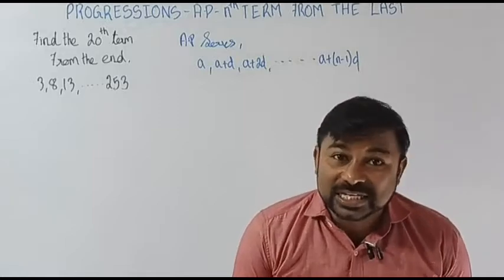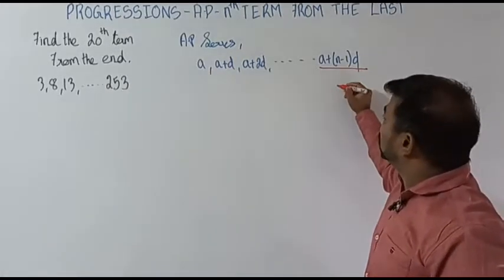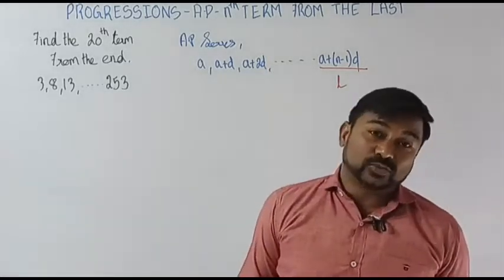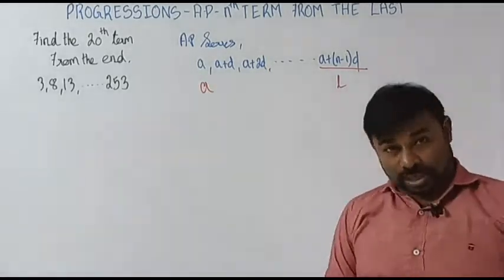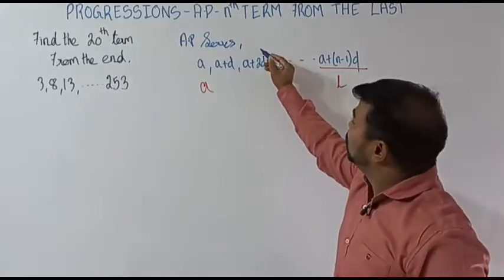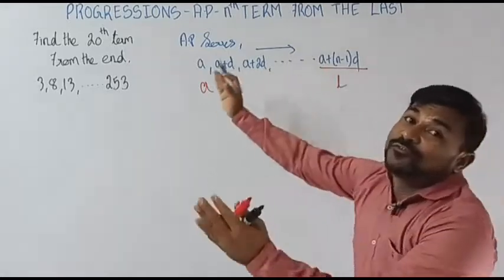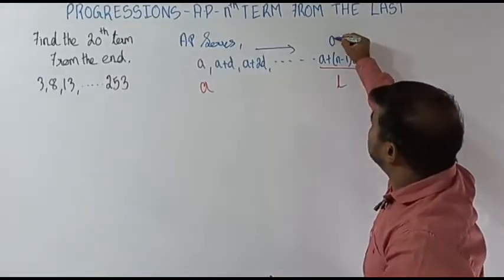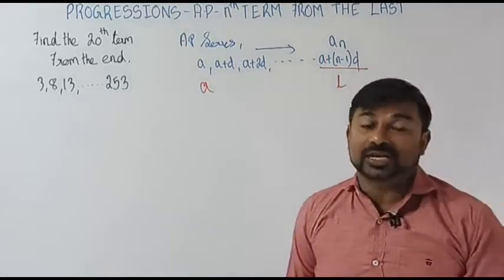This is the general series of AP. Now, this last term is also called l, and in this series, the first term is a. When we are moving from this side to this side, from the beginning, this becomes the nth term: a_n is equal to a plus (n minus 1) into d.